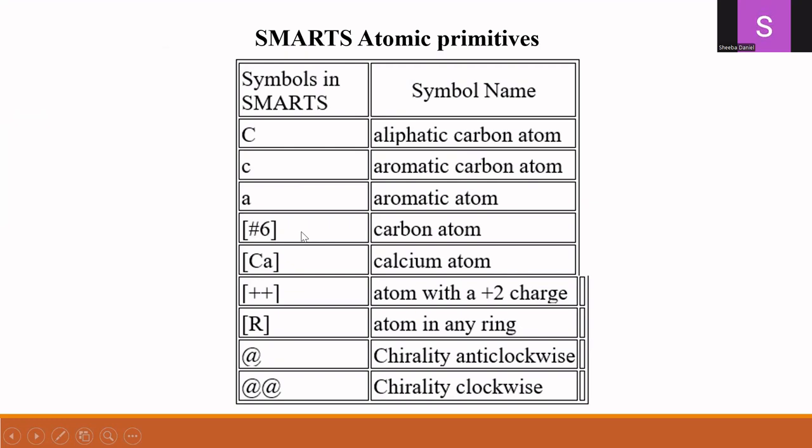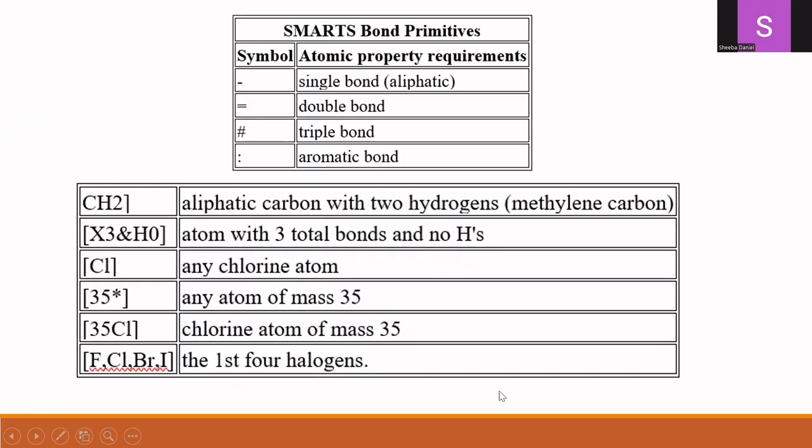Square bracket #6 represents carbon atom, that is, the atomic number of carbon is 6. Square bracket Ca means calcium atom. Square bracket plus plus means atoms with a +2 charge. Square bracket R means atom in any ring. At-symbol means chirality anti-clockwise. Double at-symbol means chirality clockwise.